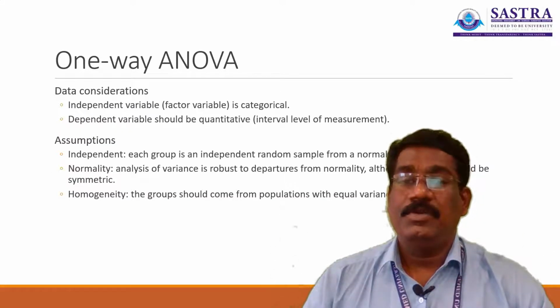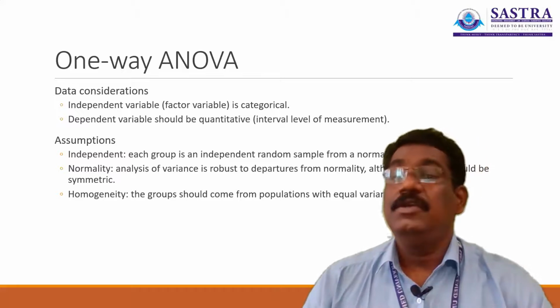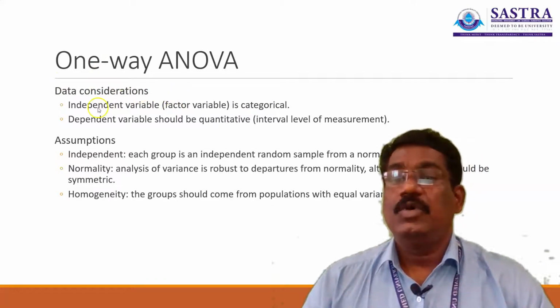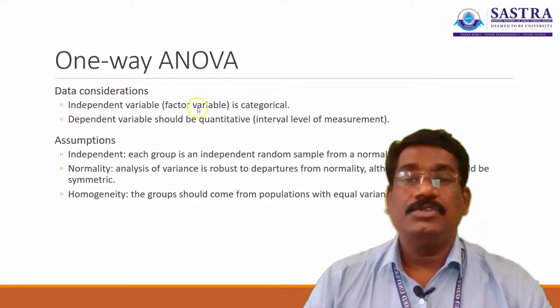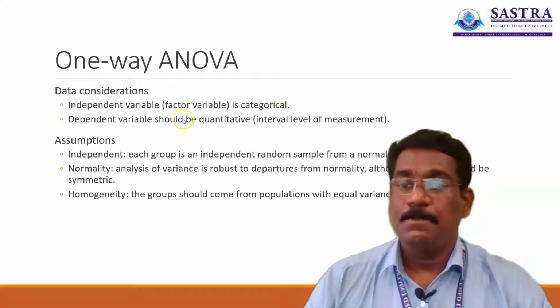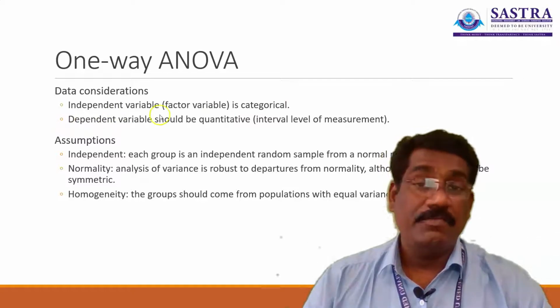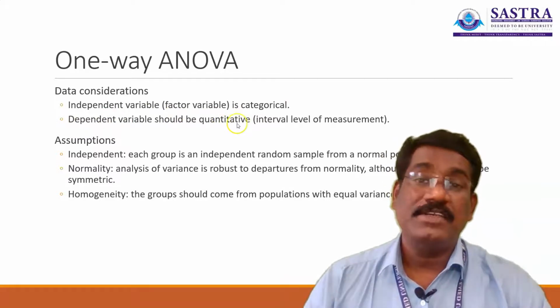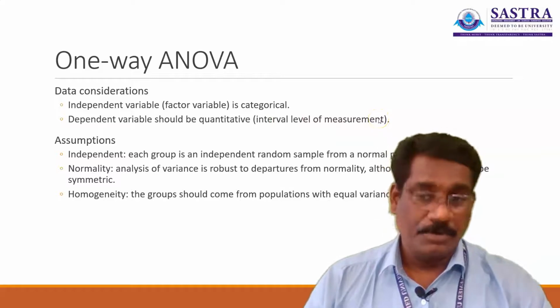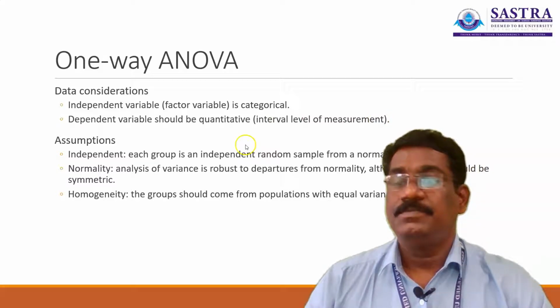You can see here the data considerations are given here. The independent variable should be a factor variable, that is, it should be a categorical variable, and the dependent variable should be a quantitative variable, that is, interval level of measurement, which I am going to demonstrate right now.